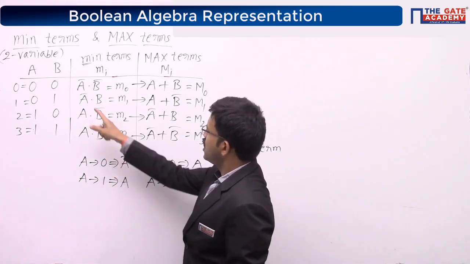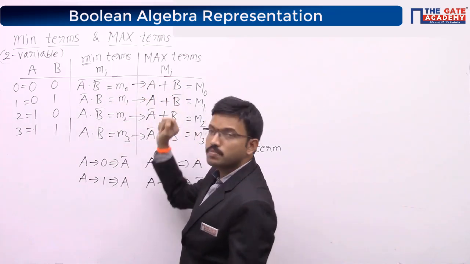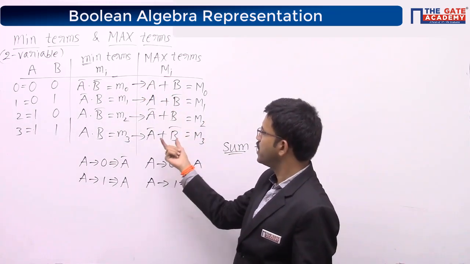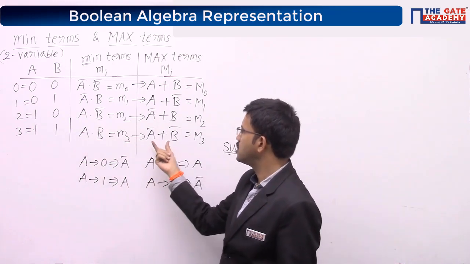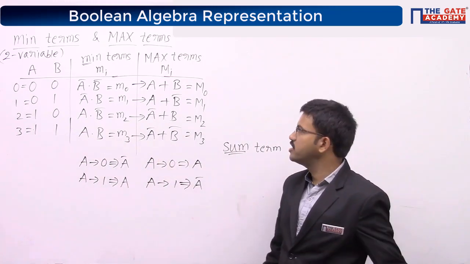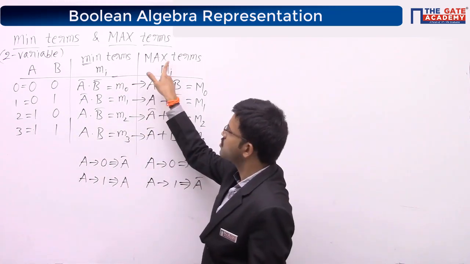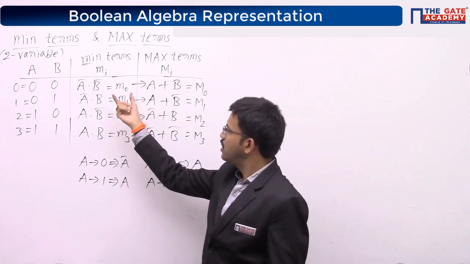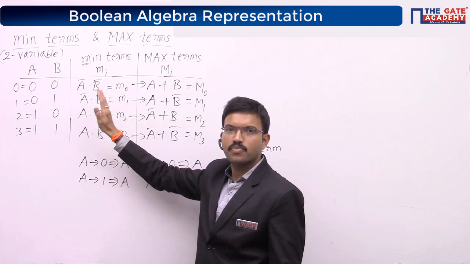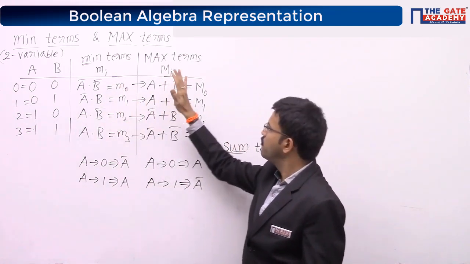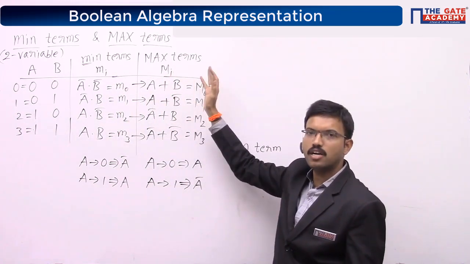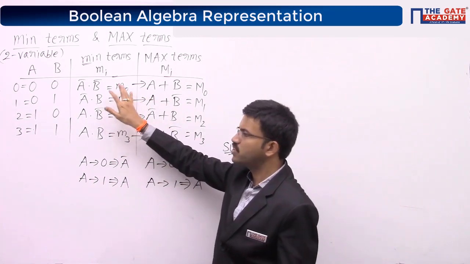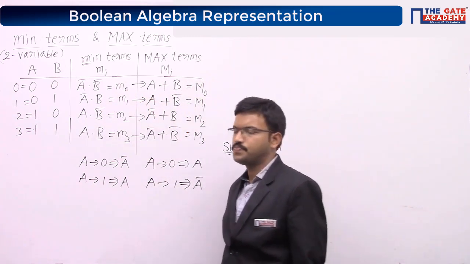See, a bar b bar whole bar is nothing but a plus b. Or you can apply complement here: AB whole bar is nothing but a bar plus b bar. Okay, you can write down: min terms and max terms are complement to each other. See, simple reason. Here we are considering the min terms for output as 1, and we are considering max terms for getting output as 0. Right? Here if it is 1, obviously it will be 0, like that.